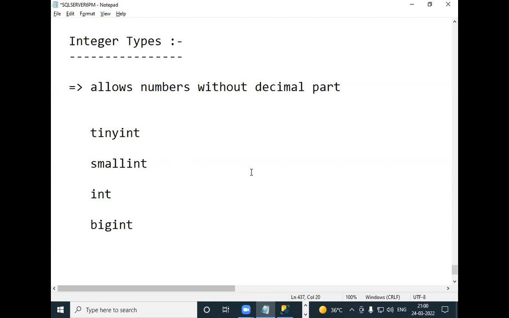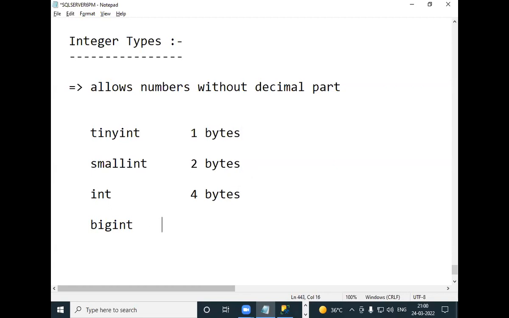Tinyint takes how much memory? 1 byte. Smallint takes how much memory? 2 bytes. Int takes how much memory? 4 bytes.